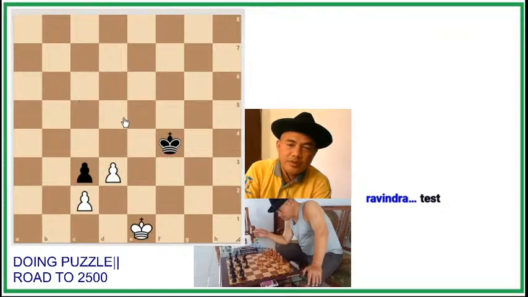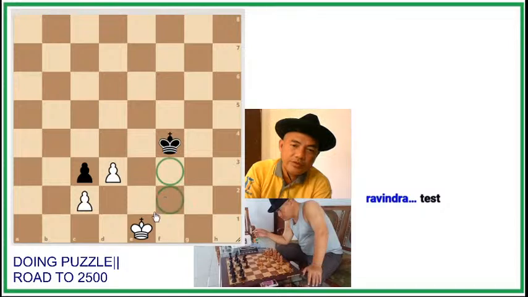There is also an example about the key square. This is a study by Nikolai Grigoriev from 1920. If white is to move, then white wins. If black is to move, then this is a draw. It's all about the key square.